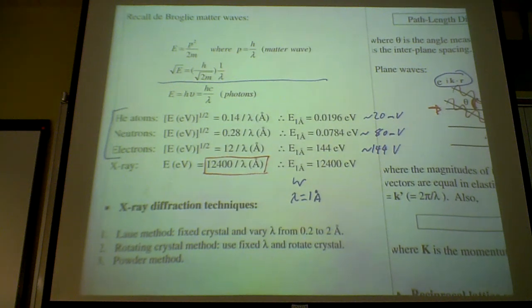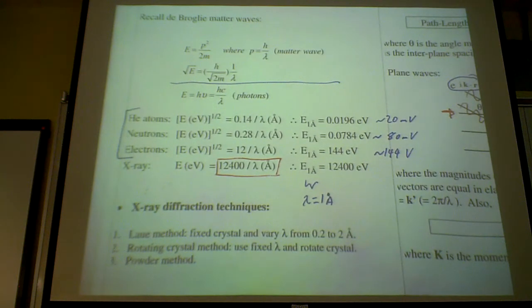Some of you may know about powder diffraction. The chemistry department has powder diffractometers, and what they have as their X-ray light source is a copper source, and copper has an energy of about 8 kilovolts.